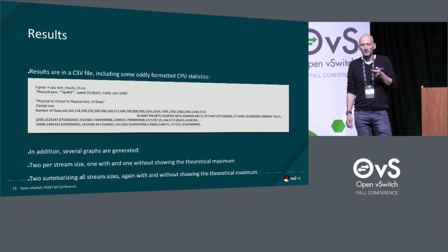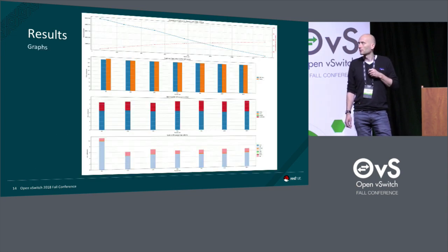The results that you get are in a CSV file with the packets sent and the ratios of it, so you can generate the graph afterwards if you want to. The script will also generate the graph for you. So this is the result for a graph for a specific number of streams. The top one is the graph for the packets per second.